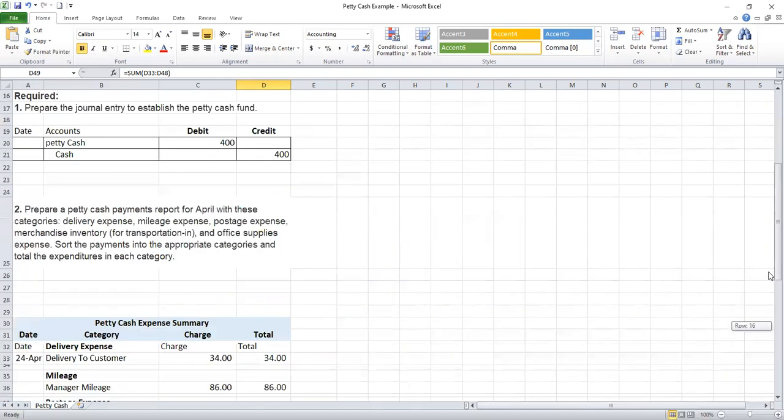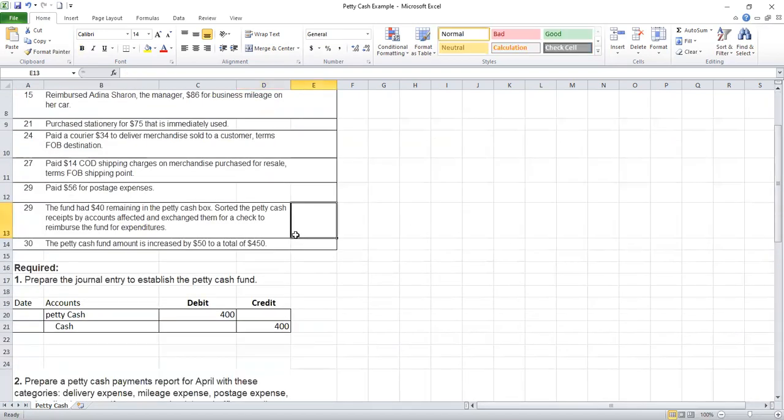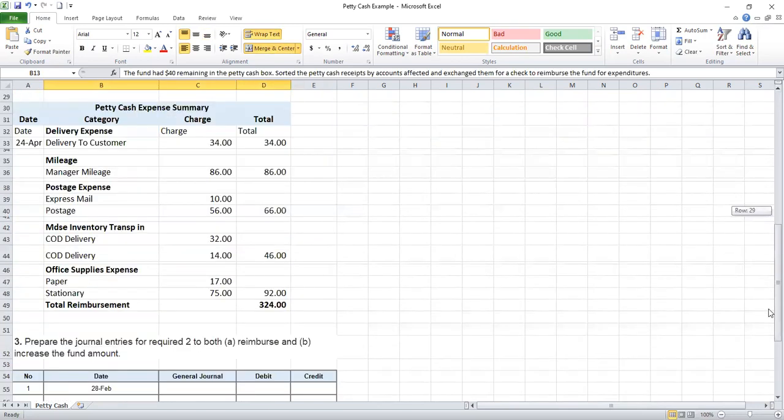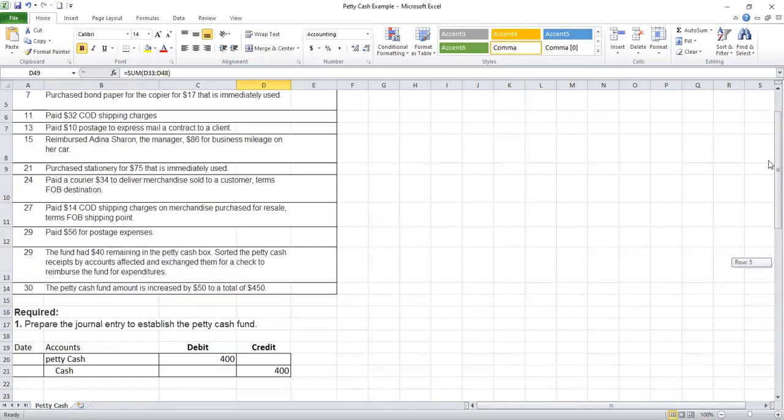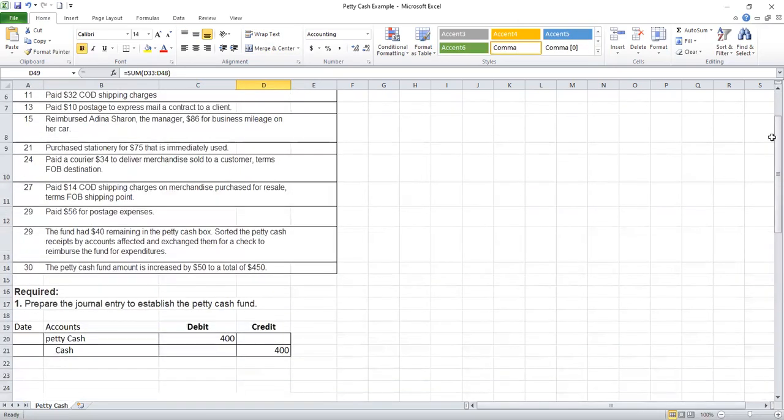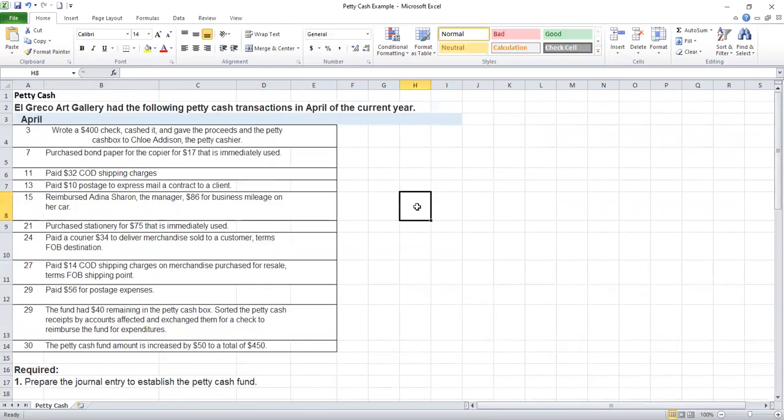Now, up here is where April 29th comes into play. We spent $324 from petty cash. We initially put in $400. So if we put in $400 and we spent $324, we should have $76 remaining, or should be at least.